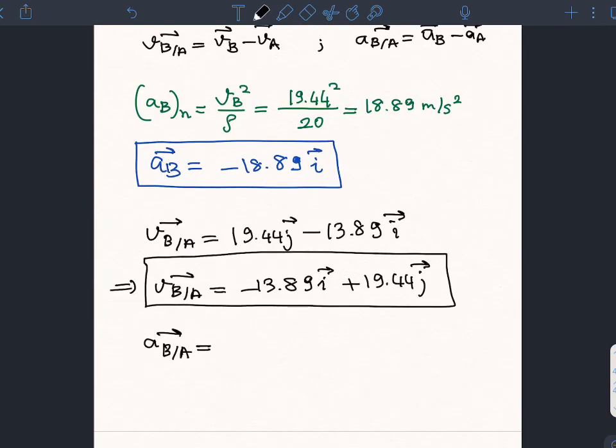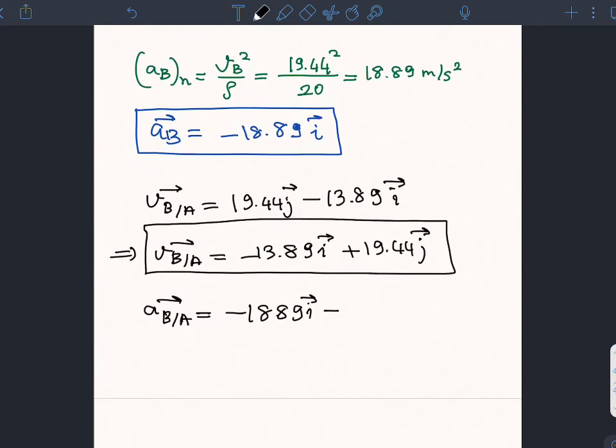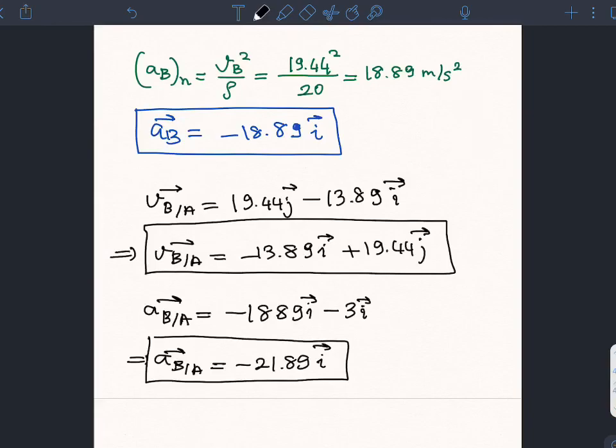AB is minus 18.89i, and minus AA, which is minus 3i, and this gives me acceleration of B with respect to A to be minus 21.89i, which indicates that the acceleration of car B is sensed by car A as negative 21.89 meter per second square. So these are the answers for the question. This is the answer and this is the answer.